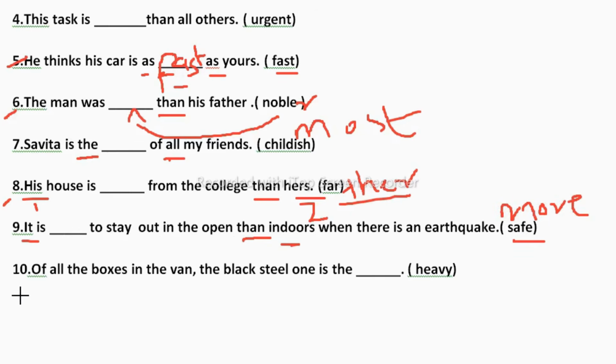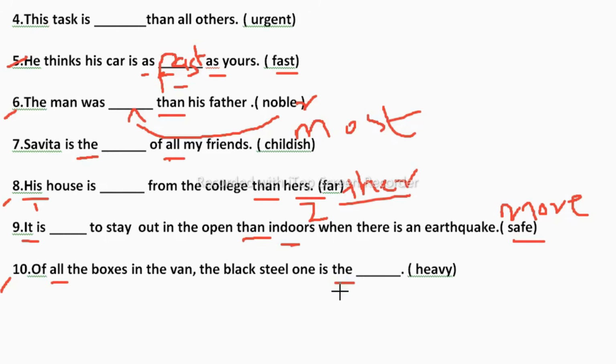The last one: of all the boxes in the van. So here, students, "all" is there. Whenever you see this type of sentence in your exam, simply you have to write the superlative degree there, because here we are talking about more than two people, and "all" comes for more than two people. If both two persons are there, we use the word "both", but here more than two are there, that's why "all" is here. So: of all the boxes in the van, the black steel one is the, and one more thing, the article "the" is there before the dash.